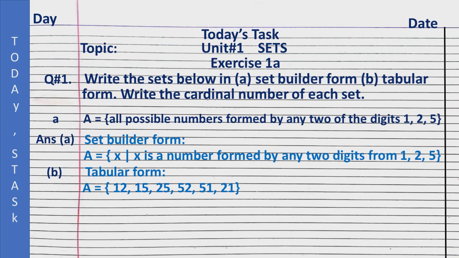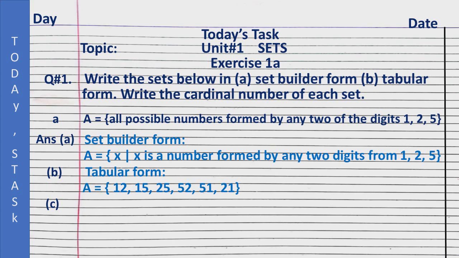Dear students, इस क्वेश्चन में हमसे पूछा जा रहा है कि हम 1, 2 और 5 इन 3 डिजिट्स में से 2 डिजिट्स को ज्वाइन करके कितने और कौन से नंबर बना सकते हैं. So dear students, the answer is 12, 15, 25, 52, 51 and 21.